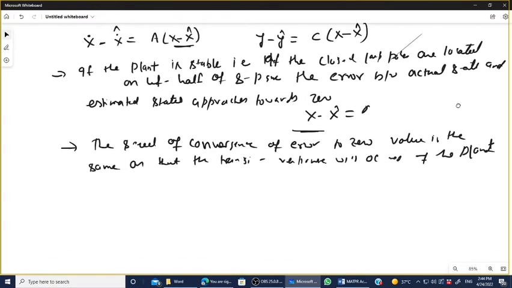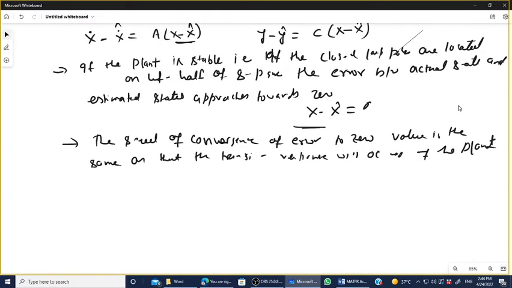So to speed up the rate of convergence, the transient response of the observer, remember, this is a very important line: the transient response of the observer should be faster than the transient response of the plant. We have to speed up the transient response on the observer side.